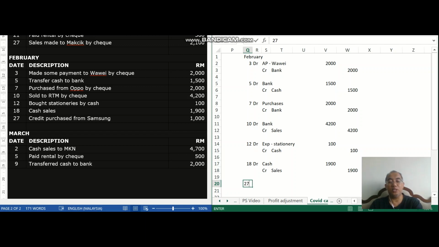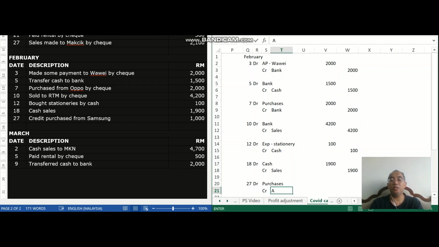Okay, last one for February. On the 27th, credit purchase from Samsung. So debit purchases and credit. You didn't pay, and it doesn't state any word bank or cash, so of course you owe Samsung.